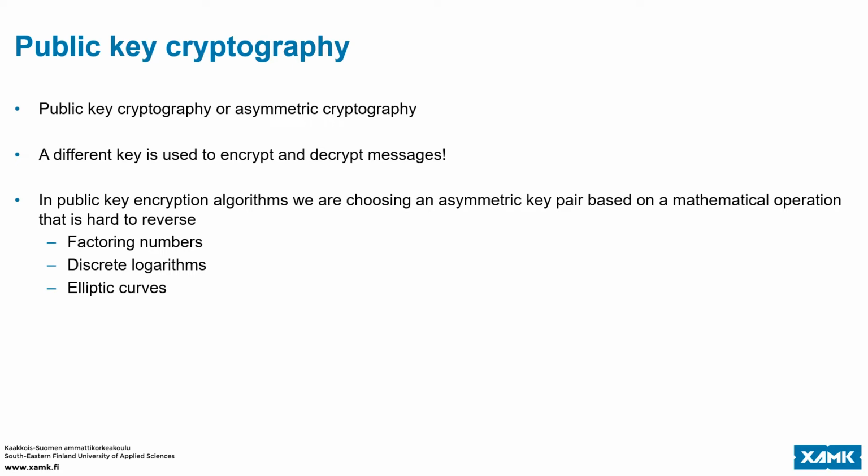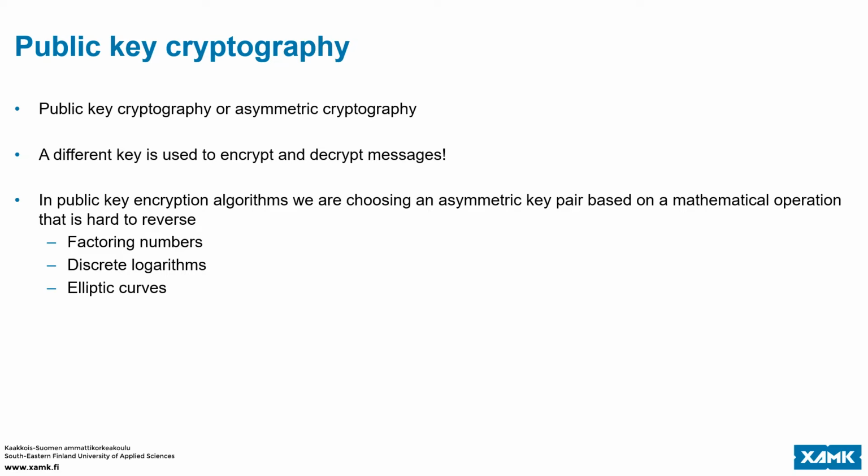The asymmetry in asymmetric cryptography comes from the fact that a different key is used to encrypt and decrypt messages. The basis of public key encryption algorithms are in mathematical operations that are very hard to reverse.